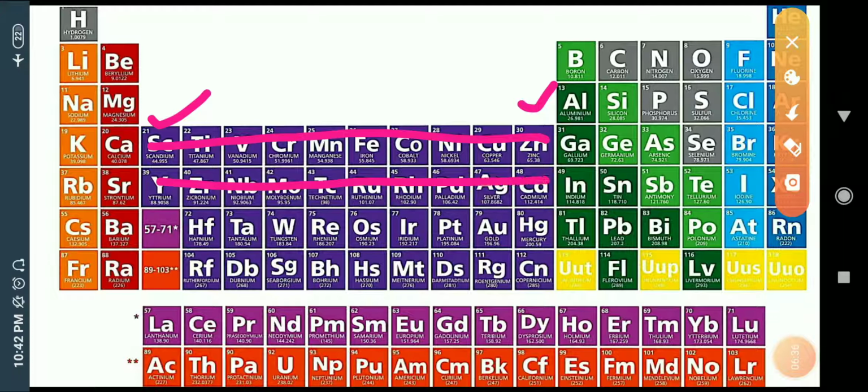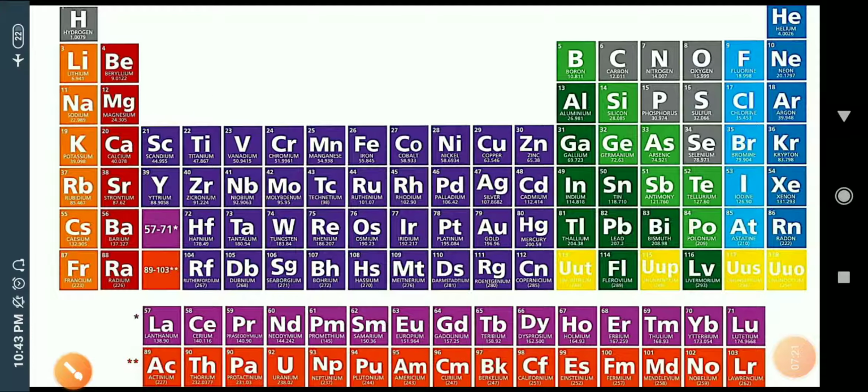This is the 4D series from yttrium to cadmium. This is the 5D series from the element having atomic number 57 to atomic number 80, mercury. And this is the 6D series from the element having atomic number 89 to atomic number 112, copernicium.